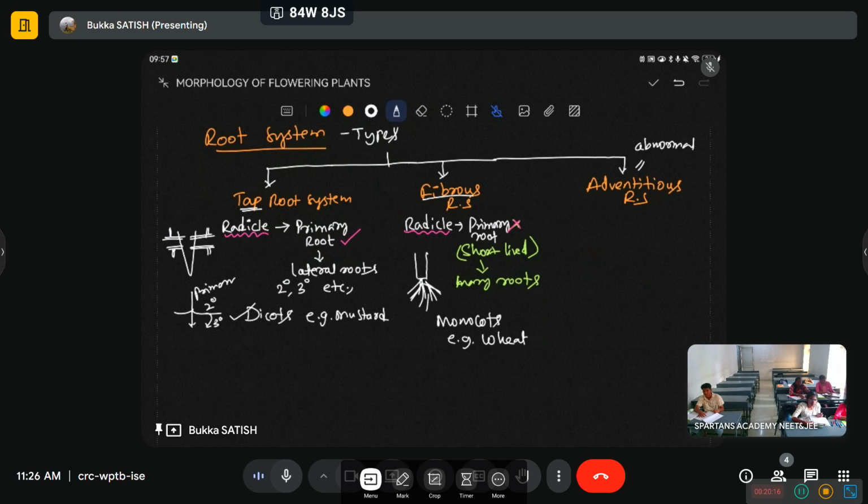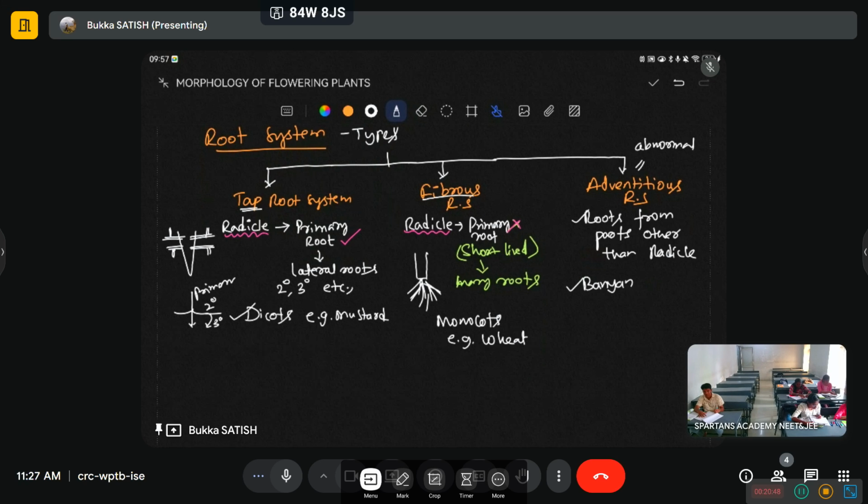So here, roots develop from parts other than the radicle. If the roots are developing from some other part of the plant, not from the radicle, then we call it adventitious root system. Now, for example, the best example, banyan plant.